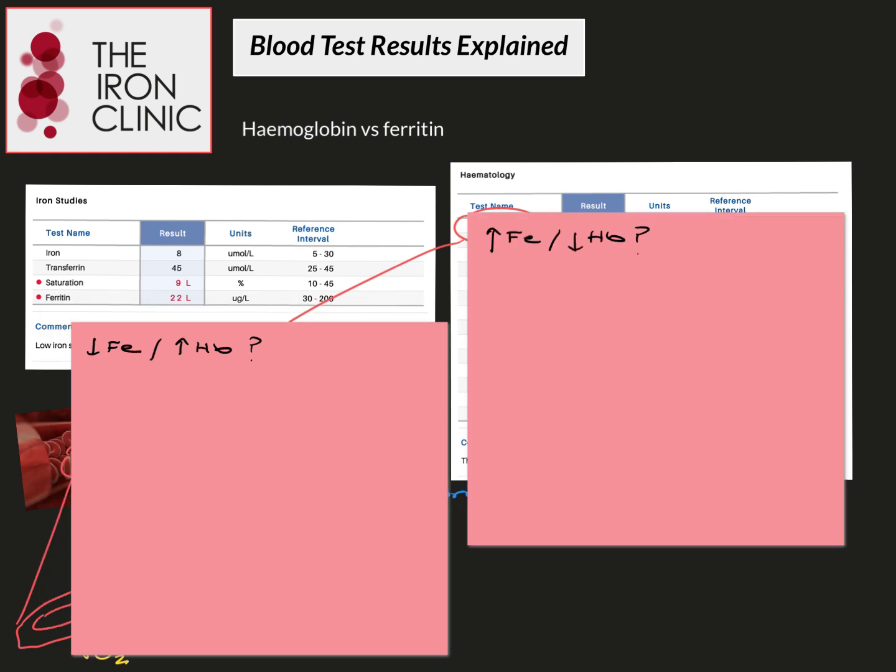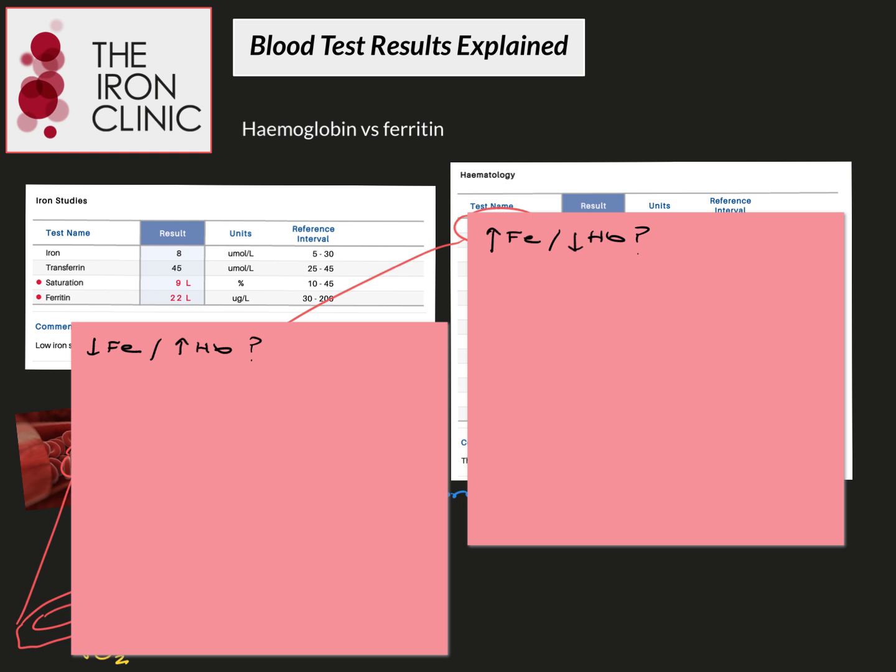Now, both are perfectly plausible and are seen very often. However, they could be due to several different things. And this is why a blood test is just an indicator for a potential underlying condition. So these are just biomarkers. They don't necessarily confirm something.